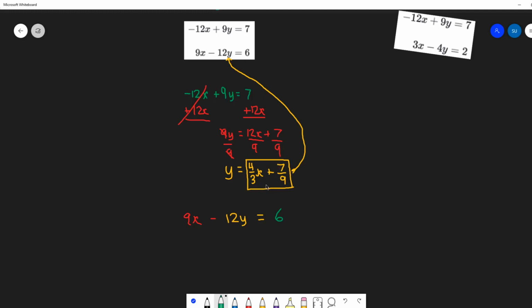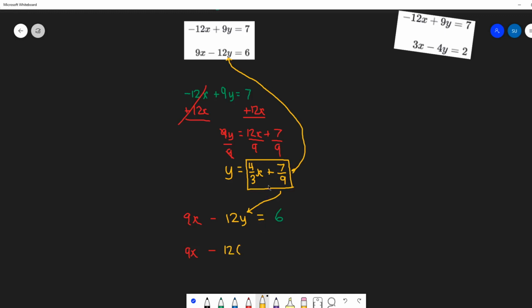Now we substitute this expression for y, because we see that y is equal to that expression. Substituting that expression in for y is essentially just replacing one thing with another of the same value. Once we do that, we're only going to be left with x's to simplify down, and then we can actually solve for x.